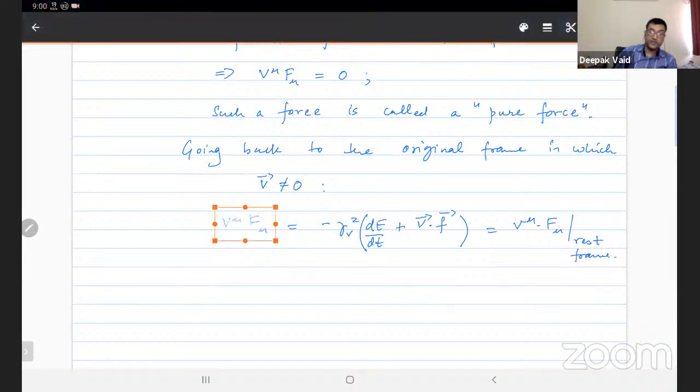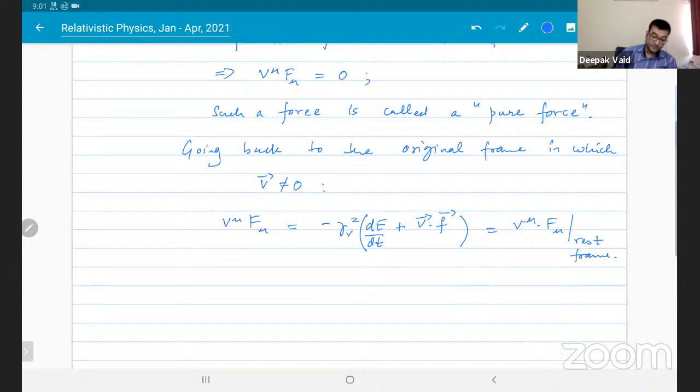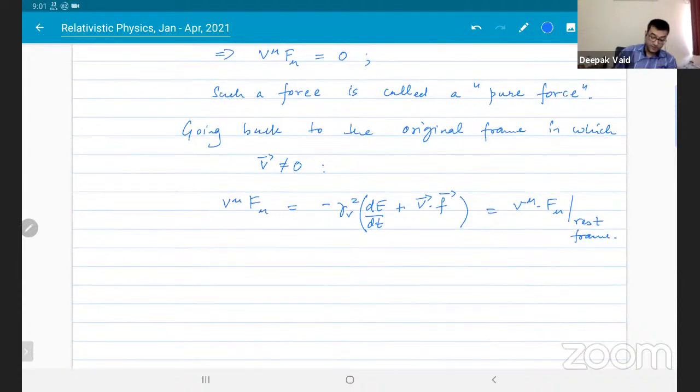Because this is an invariant, this scalar product. So this means that if this F is a pure force, then this quantity is zero, right?